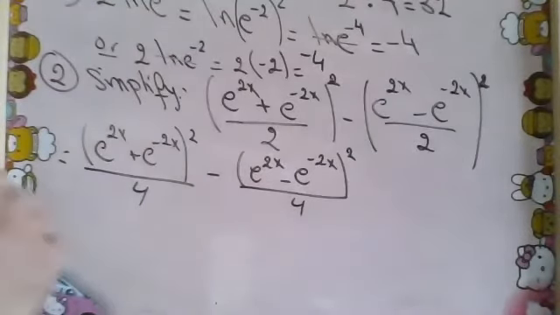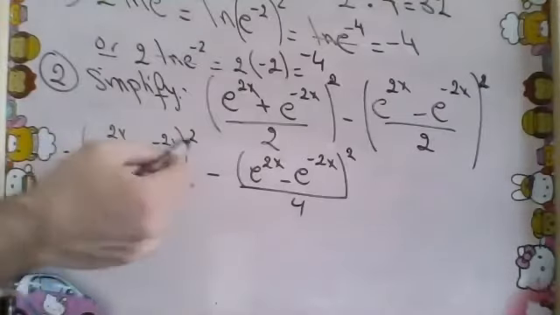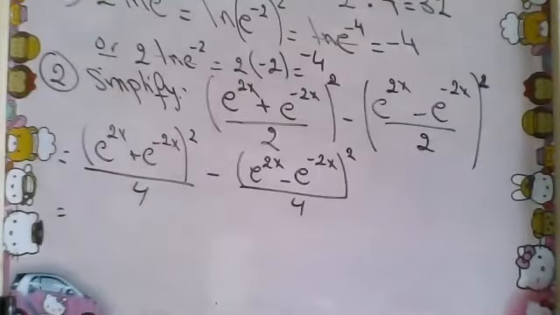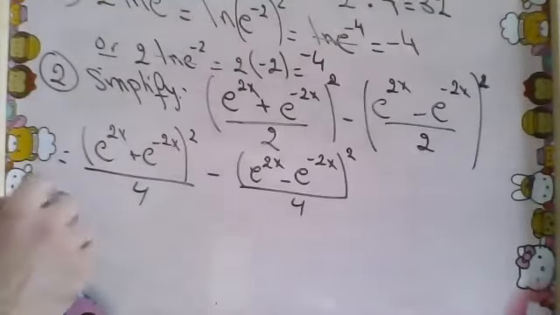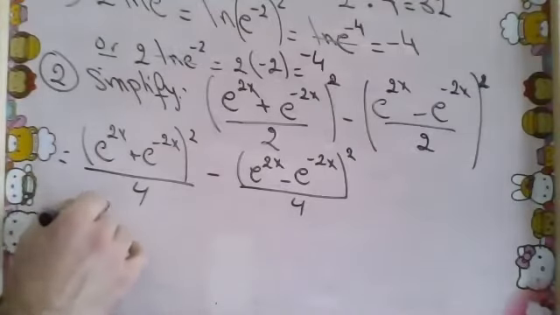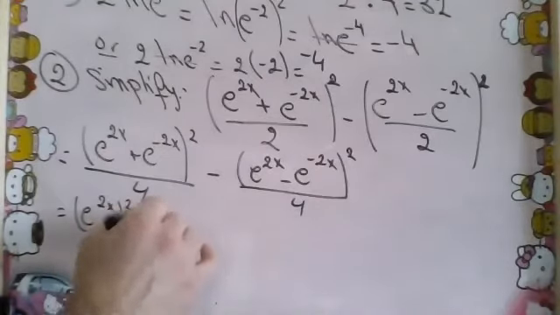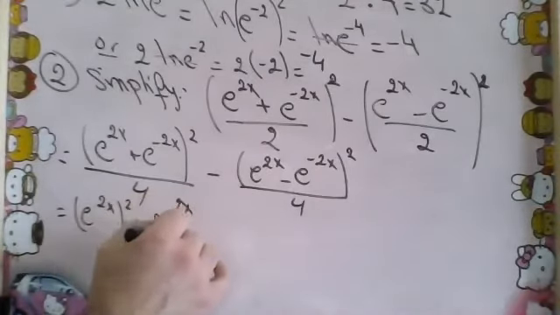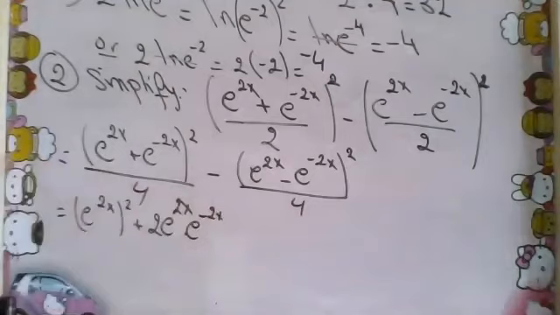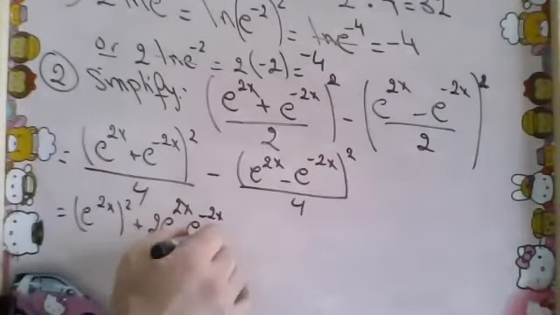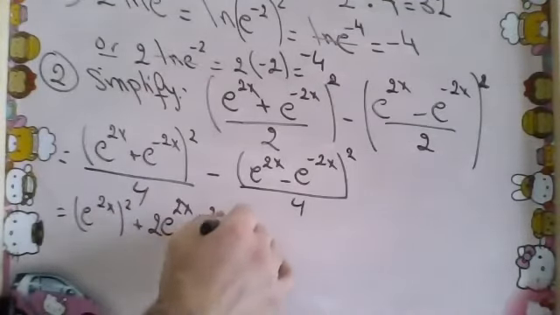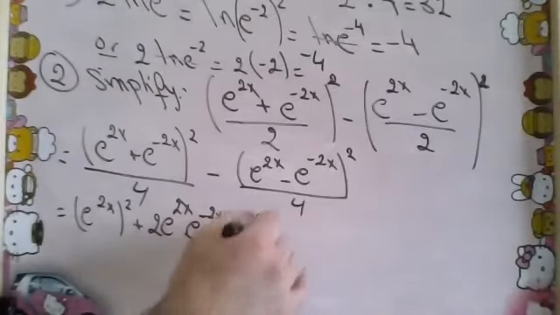Now, identity: a plus b squared is a squared plus 2ab plus b squared. So it's e to the power 2x squared plus 2 e power 2x times e to the power negative 2x plus e to the power negative 2x, all of it power 2.